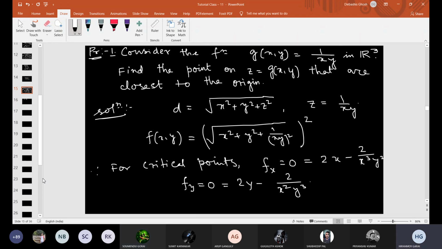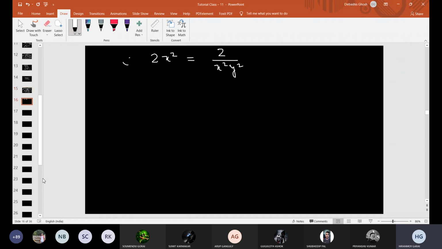So 2x square equals 2 by x square y square, and 2y square is equal to 2 by x square y square.